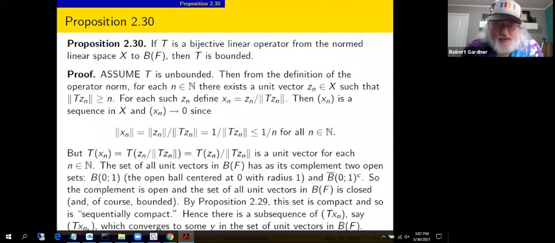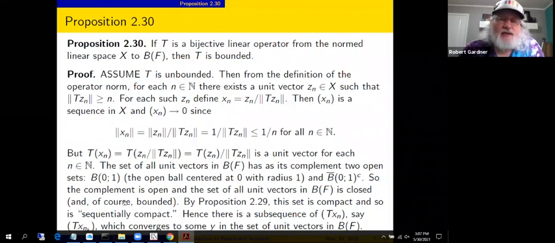In finite dimensions it does, but not in infinite dimensions, as we'll see. We're in finite dimensions because we're having a conversation about the space B of f. And that was a space, in our notation, of dimension capital N. So it's a finite dimensional space. Well, then if you've got a closed and bounded set in a finite dimensional space, Proposition 29 told us that's a compact set. Or if you like, a sequentially compact set.